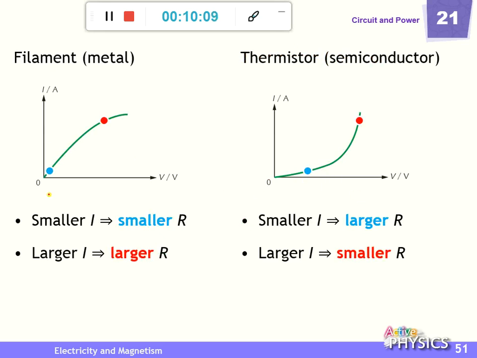Compared with this, you can see that smaller I means smaller R, and smaller I means larger R. Because when you look at this, the slope will be this. For this, the slope will be this. The blue one will be steeper than the red one. But for this case, the red one will be steeper than the blue one.